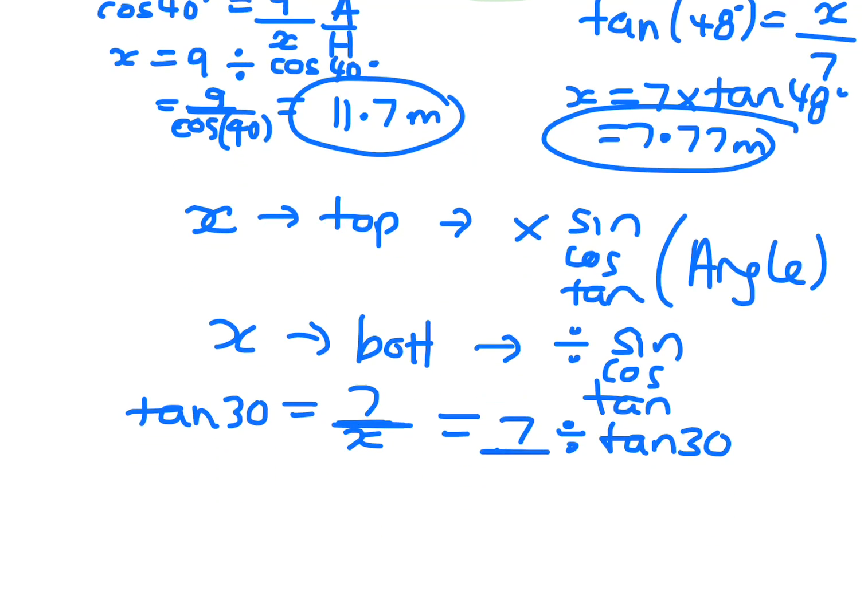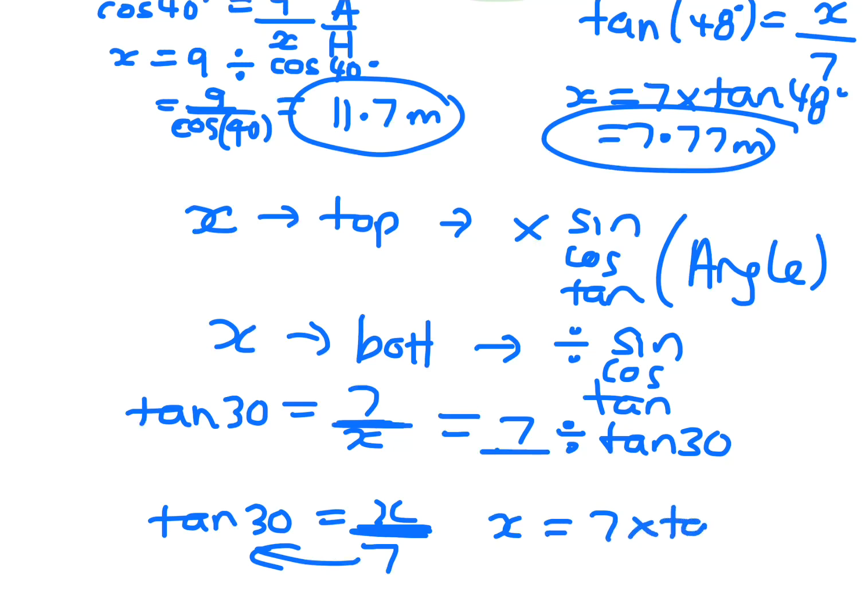So it's going to be 7 divided by tan 30. Whereas if you have tan 30 equal to X on 7, then that 7 will come up there in times. So X is just 7 times tan 30. So if the X is on the top, you times, and if the X is on the bottom, you will divide.